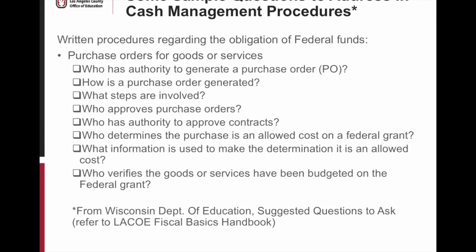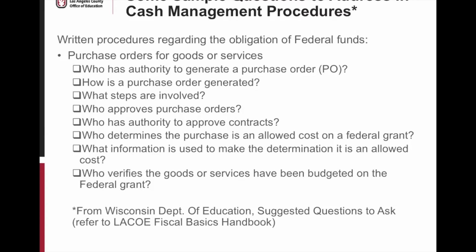Who determines if a purchase is an allowed cost on a federal grant? This sort of smushes over into the other area we'll look at, and that's allowability. So how is allowability determined? What's your process? Does someone just say yes or no? Do you have a big fight in the restroom or something? How do you figure it out if it's allowed? What information is used to make the determination if it's an allowable cost?